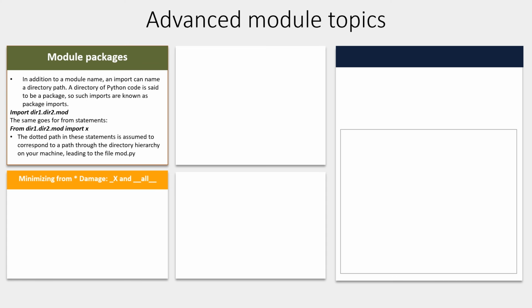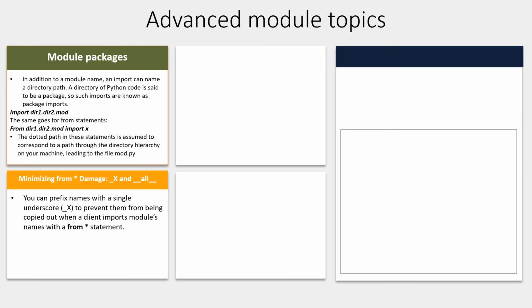So in Python, data hiding in modules is a convention and not a syntactical constraint. So part of this, you can prefix names with a single underscore to prevent them from being copied out when a client imports module names with a from asterisk statement.